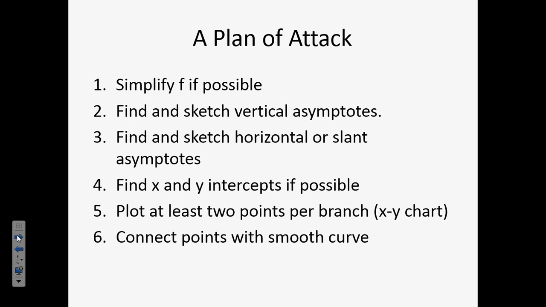So those are usually easy numbers to figure out. And then you're going to plot at least 2 points per branch. Make a t-chart, x-y coordinates. Finally, you'll connect your points with a smooth curve, coming ever so close to those asymptotes, but not necessarily crossing them.